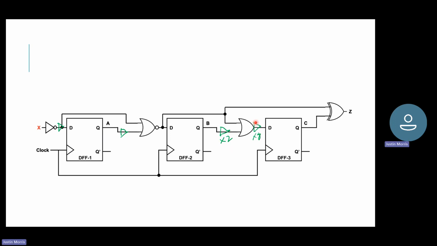The last part was, what is the new minimum clock period? So we've modified our data path by a little bit. Our 2 contenders are still X to D of flip-flop 3 and A to D of flip-flop 3. So from X to flip-flop 3, we have 10 for the inverter.